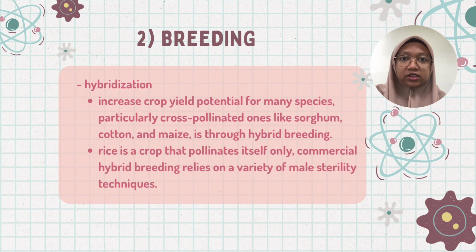Hybrid vigor, or heterosis, refers to a phenomenon in which the F1 hybrid resulting from crossing between genetically diverse inbred varieties performs better phenotypically than its parents. This phenomenon is utilized in hybrid breeding. Any biological process that functions better in the hybrid offspring may be a sign of superior performance.